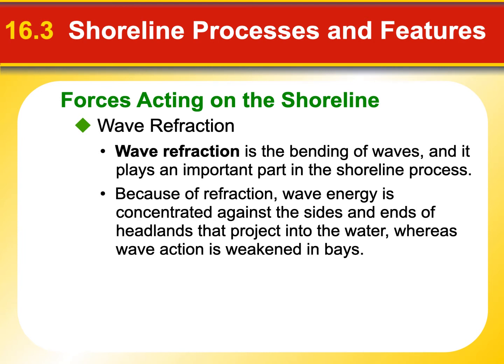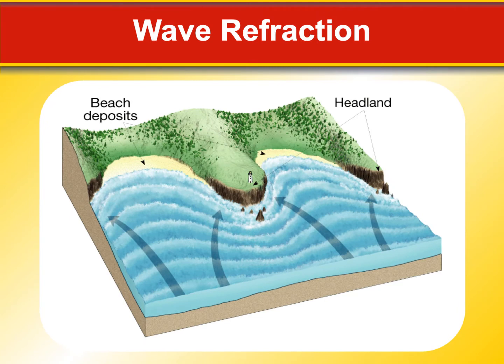And basically, when we look at this, the energy of a wave gets concentrated against the sides and the ends of those headlands that stick out, like the picture I first showed you when we started watching this, with my wife sitting there on the beach. And then it's weakened in the back of the bay, and so that's where you get deposition. You can see that here in this picture. You get the lighthouse there on the end of that headland.